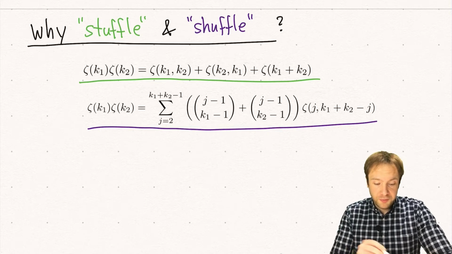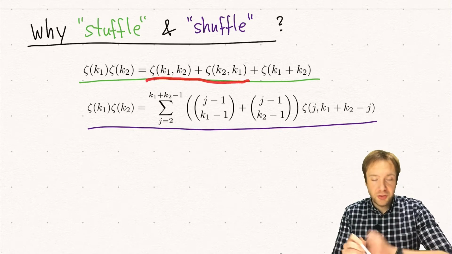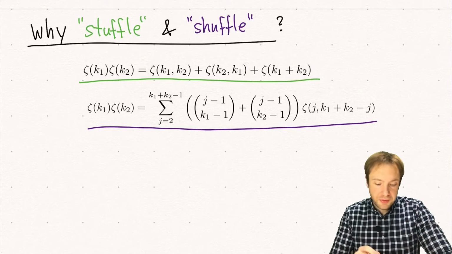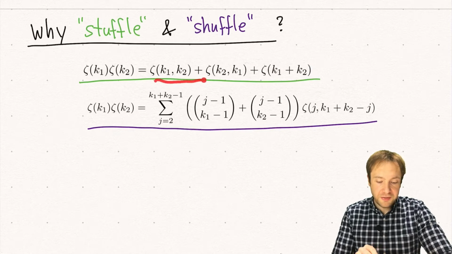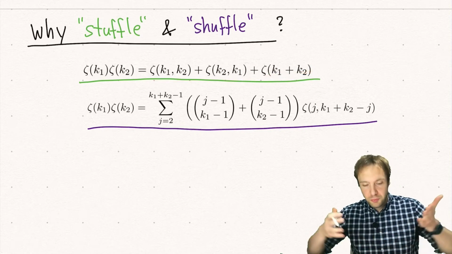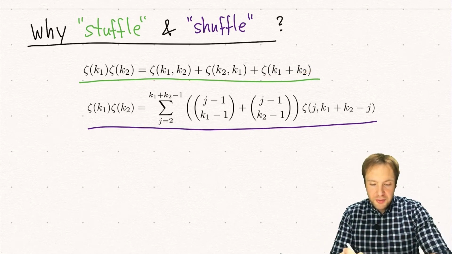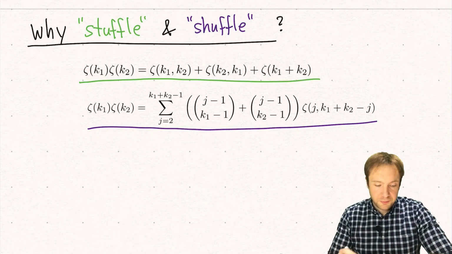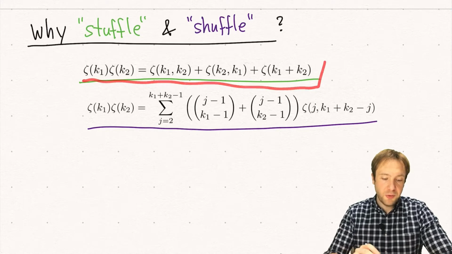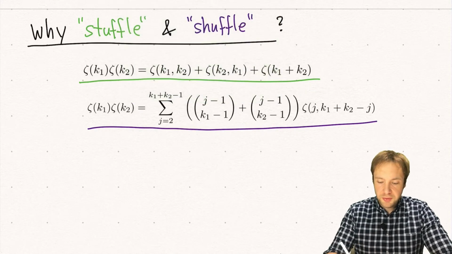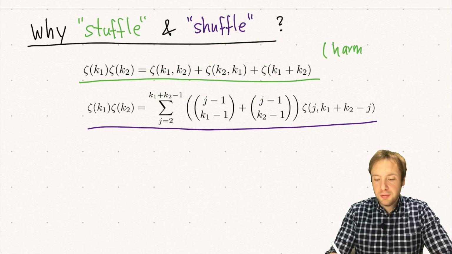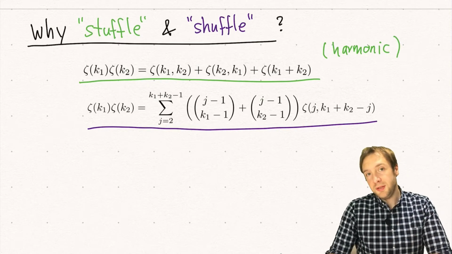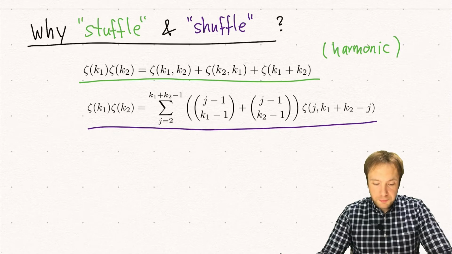One explanation is that you shuffle these indices and then there's some extra stuff, and another explanation is that to stuff means to put something into one place. So here this k1 and k2 get stuffed into one place. This is why people call this a stuffle product, but this is also sometimes called the harmonic product, because it comes from the definition of multiple zeta values as a harmonic sum.